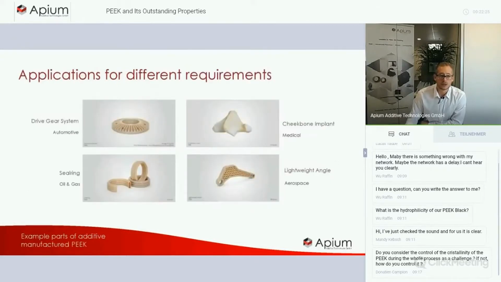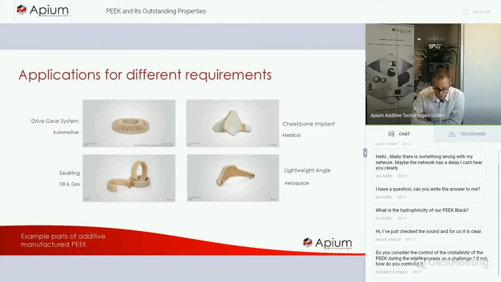Now I want to come to example parts in additive manufacturing, where we have already done some applications. You see different examples: a drive gear system in the automotive sector, or some sealings in the oil and gas sector, as I said before.